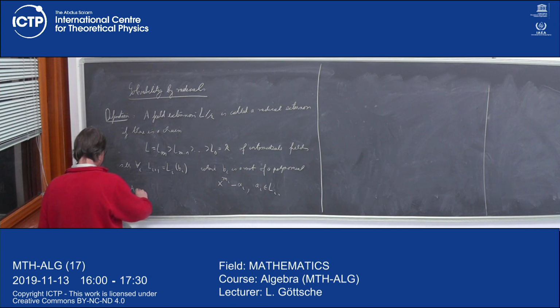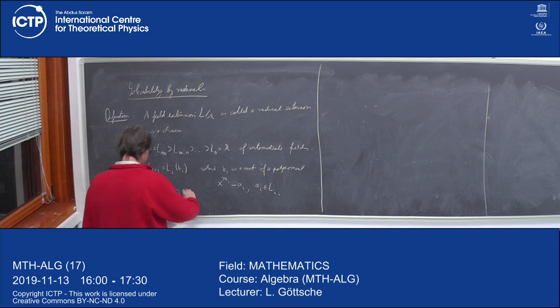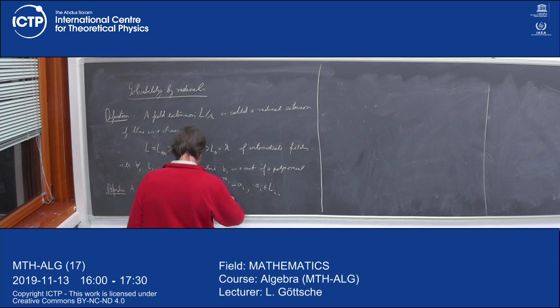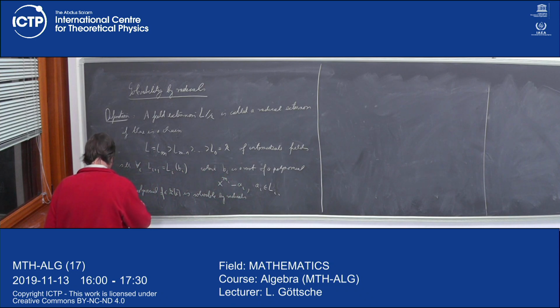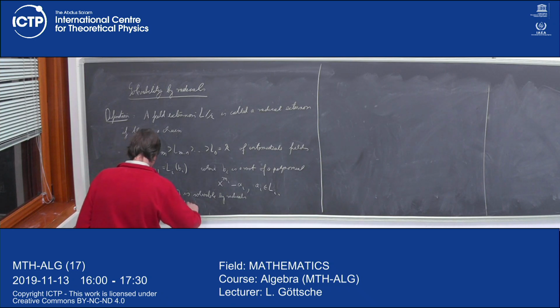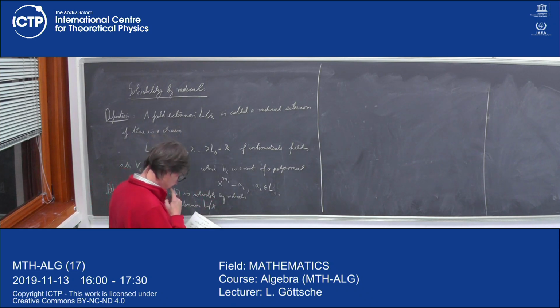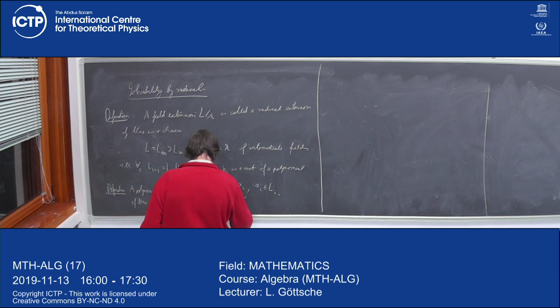A polynomial f in K[x] is solvable by radicals if there is a radical extension, say L over K, such that f splits over L.